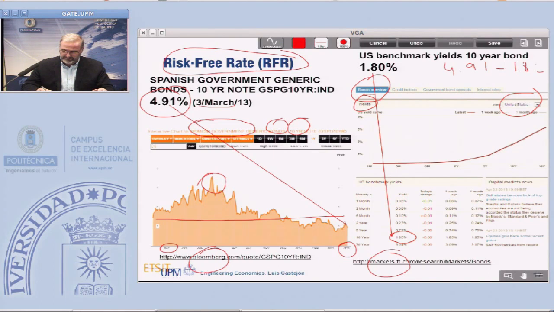So this is the risk premium of Spanish government bonds, which is about 3.1. This is what they call the Spanish risk premium, 310, in terms of basis points. Any question about that?